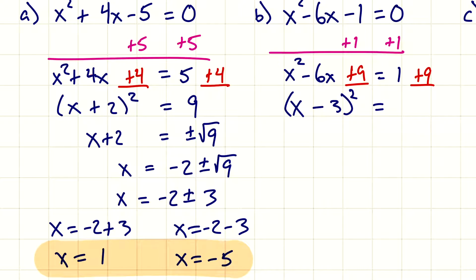squared equals 10. And so why is it a minus 3? Well, that comes from this minus 6. Like I said before, negative 6 divided by 2 is negative 3.